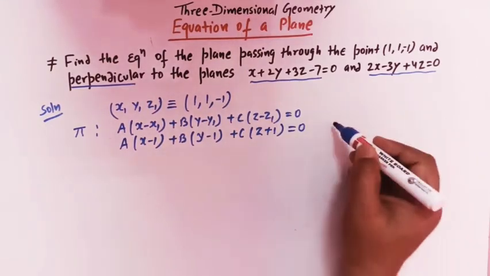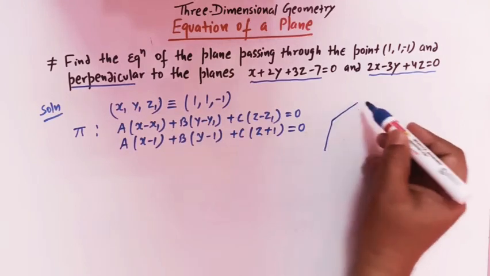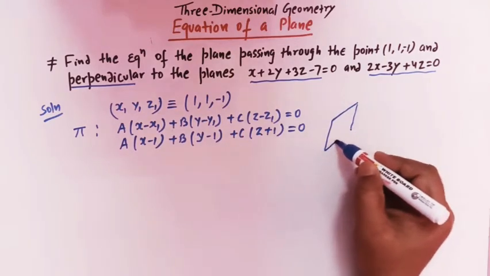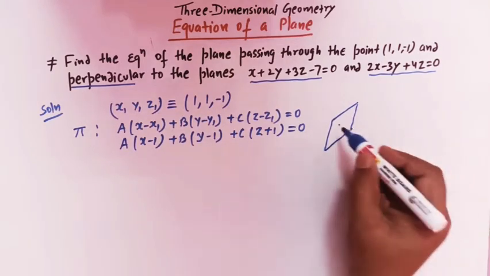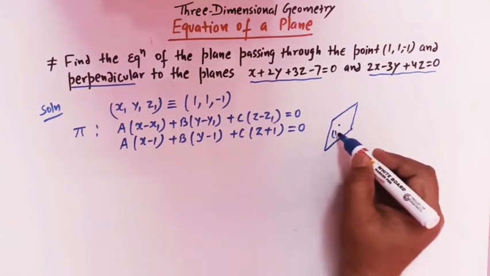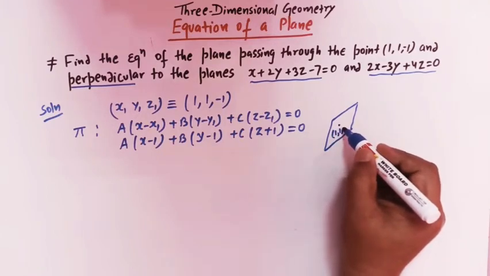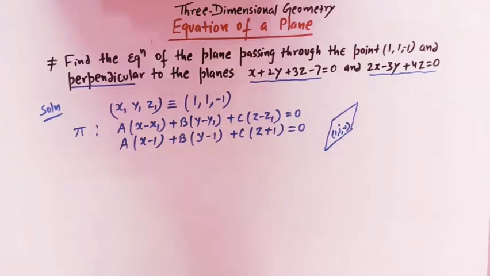So this is the plane. Say this is our plane and this is the point, say 1, 1, -1. So this is our required plane.